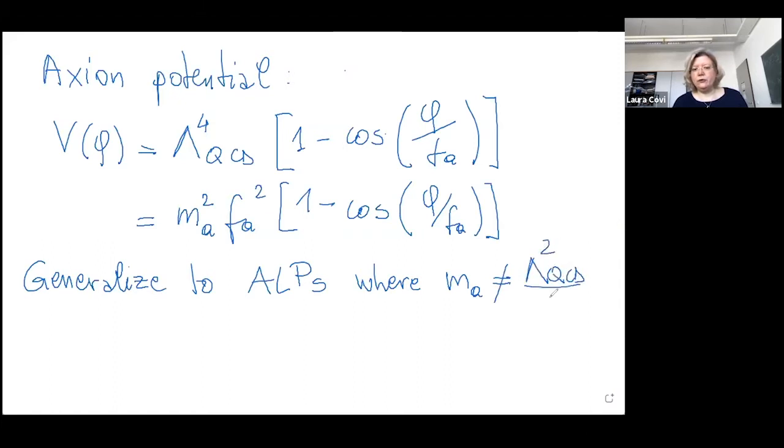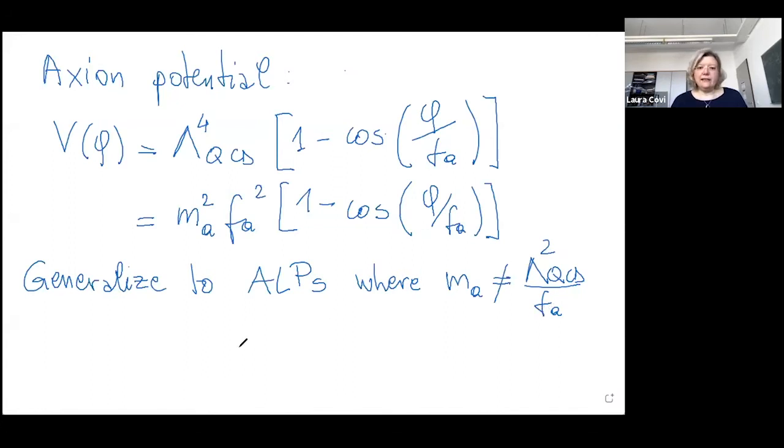So you can take it as a free parameter. Of course, you could take as a free parameter the lambda instead of lambda QCD, some other scale, but it's much more convenient to take as free parameters the mass of the axion and the scale of the coupling, which is f_a or f_phi, as we'll use in a minute.